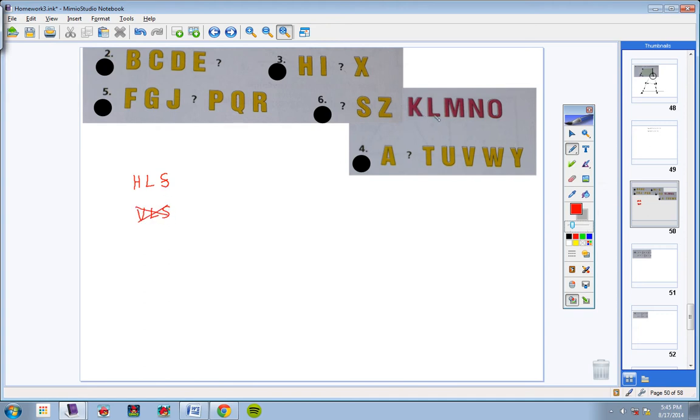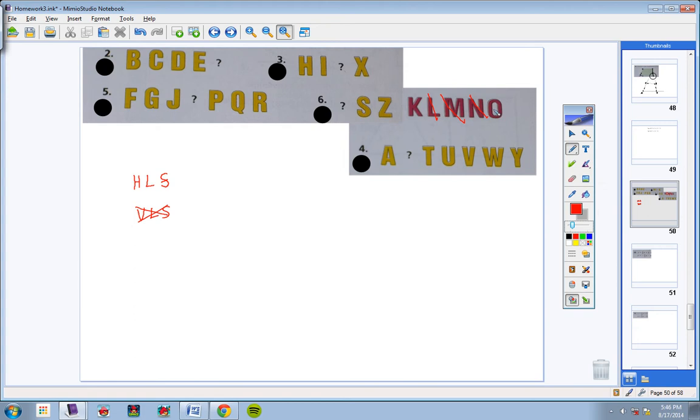So I'm looking for a letter over here that has horizontal line symmetry, but does not have vertical line symmetry, okay? Now, L does not have horizontal symmetry. M does not have horizontal symmetry. N does not have horizontal line symmetry.